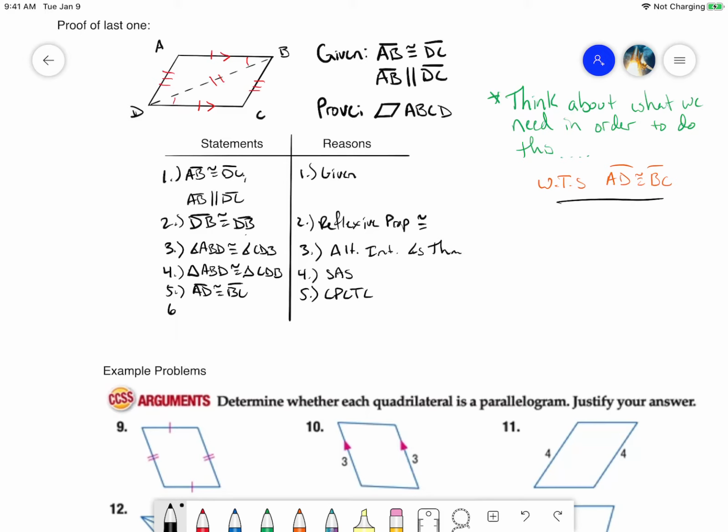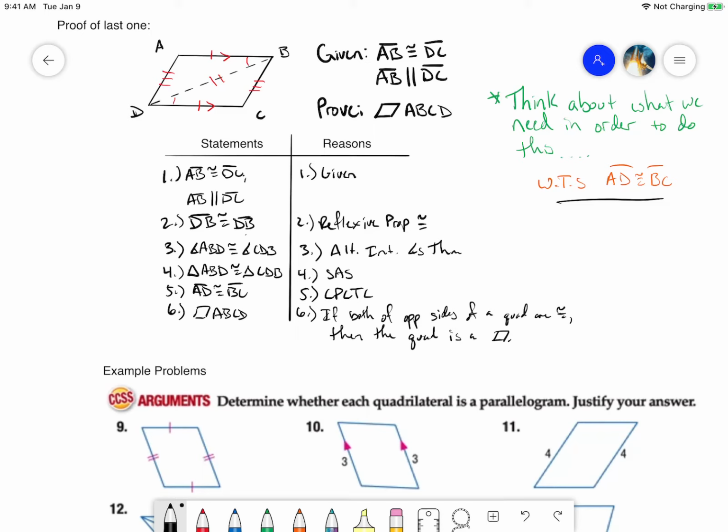My last step is simply saying parallelogram ABCD, and that's because if both pairs of opposite sides of a quadrilateral are congruent, then the quadrilateral is a parallelogram.